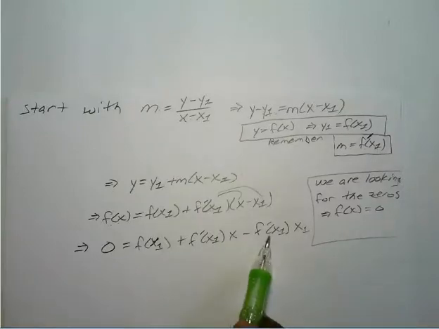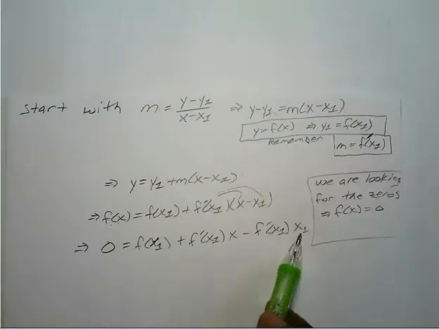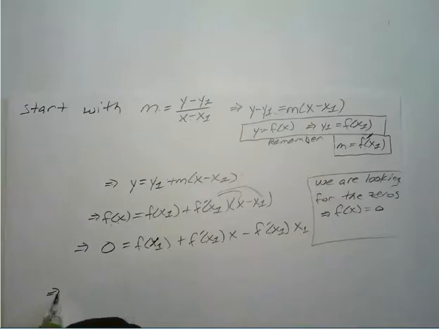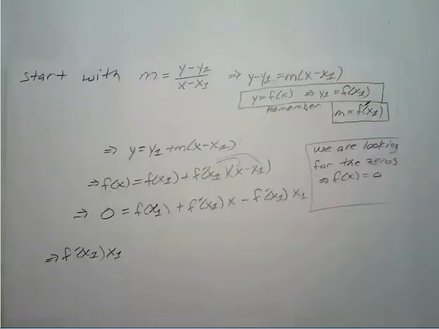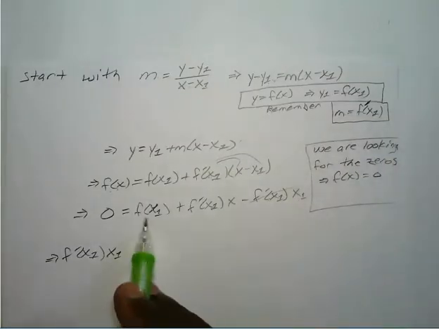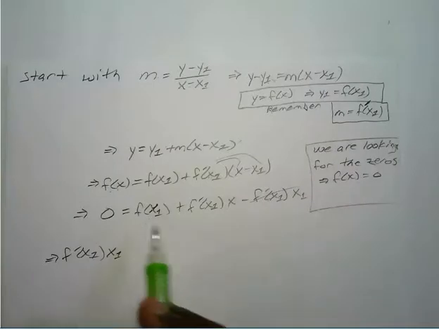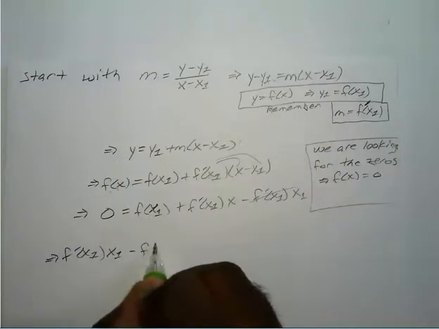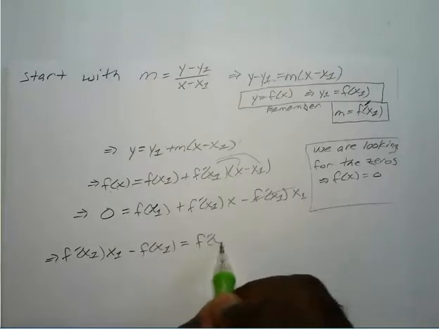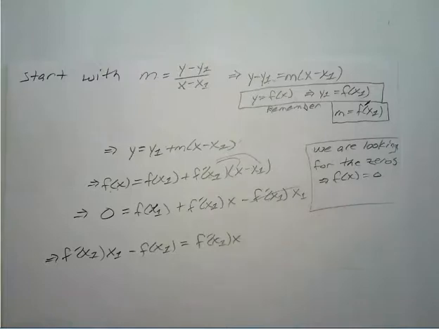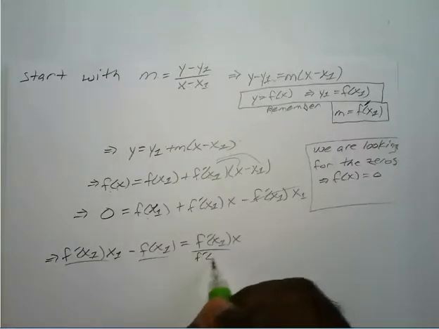If we add f prime of x1 times x1 to both sides, we have f prime of x1 times x1, and we subtract f of x1 from both sides, minus f of x1, that equals f prime of x1 times x. Okay, so now we just divide all three terms by f prime of x1.